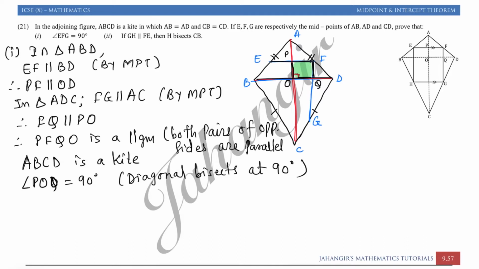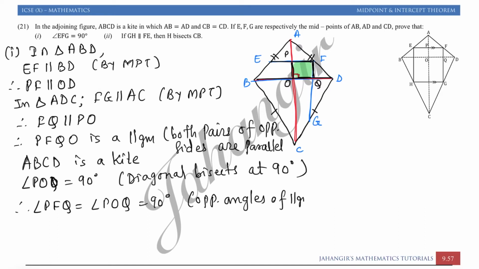We can say AOD is 90, so therefore POQ is 90 degrees. So angle PFQ is equal to angle POQ, both 90 degrees, because one angle of a parallelogram is 90 degrees and opposite angles of a parallelogram are equal.